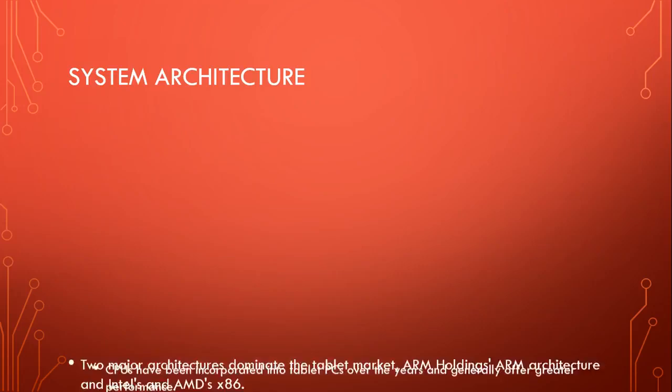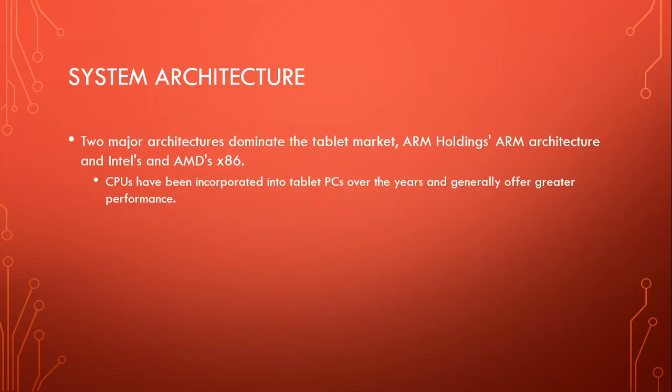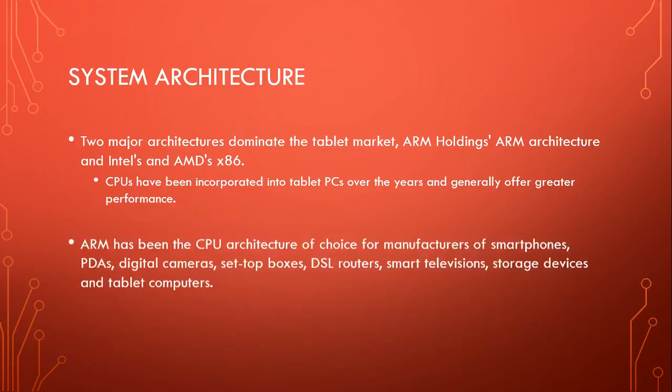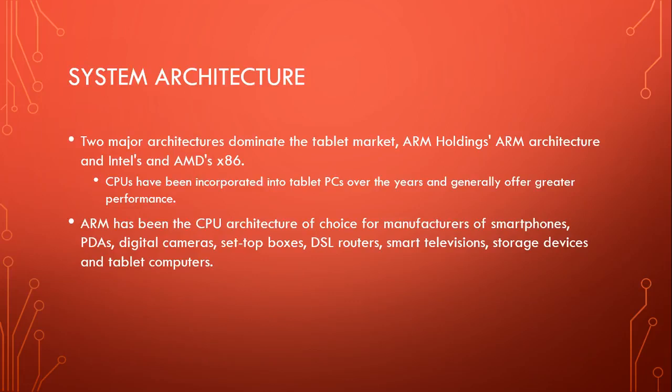Now, let's talk about system architecture real quick. There's two major architectures dominating the tablet market. You have ARM Holdings' ARM architecture and Intel and AMD's x86. x86 CPUs have typically been incorporated into tablet PCs over the years and generally offer greater performance. Now, ARM has been the CPU architecture choice for manufacturers of smartphones, PDAs, digital cameras, set-top boxes, DSL routers, smart televisions, storage devices, and tablet computers.